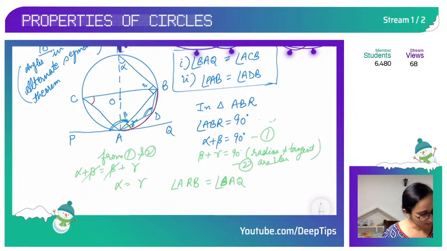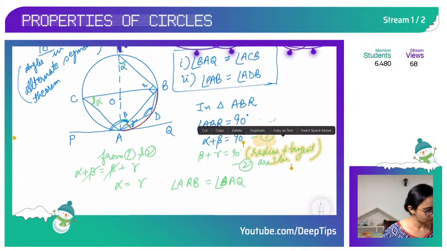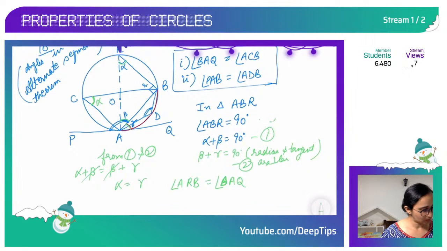Now can you see that this ARB and this angle, they both are in the same segment, correct? So this is also alpha, right? So BAQ equals ACB. So indirectly they all are equal to alpha.